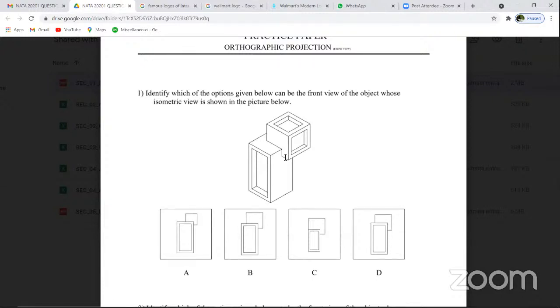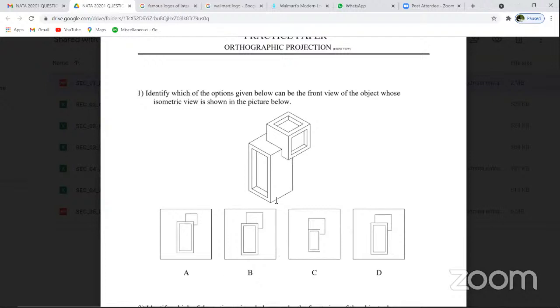If you see it straight, this distance looks a bit more. It shows a little bit more than when you see from isometric view. If you take a cuboid in isometric view, the top line looks smaller. When you see it straight, it looks bigger. Similarly, here it is a bit bigger than it shows right now.